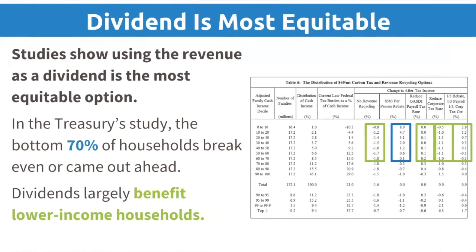The other options of revenue recycling, corporate taxes, payroll tax cuts, personal tax cuts, all do less to benefit the lower deciles. The CCL study shows 53% of U.S. households are net beneficiaries. This is a bit conservative because the model is static and doesn't reflect known consumer and producer behavior in response to the price changes.